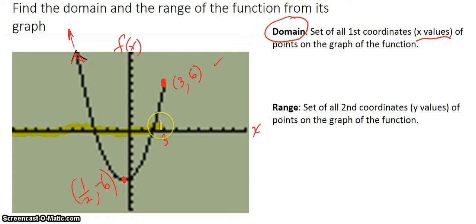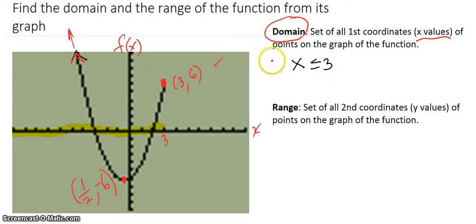until 3, and it stops. I don't see any x values anymore beyond 3. So it looks like the domain is all the points x less than or equal to 3.